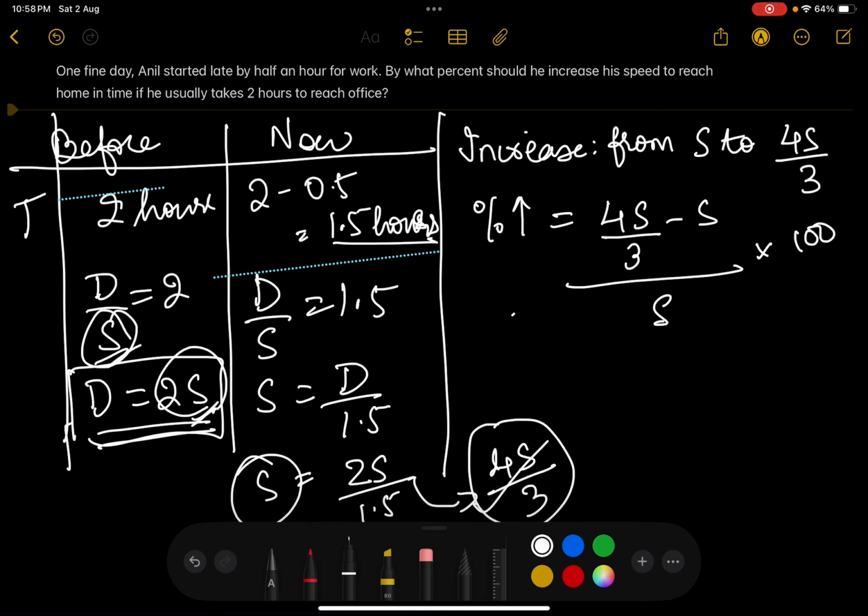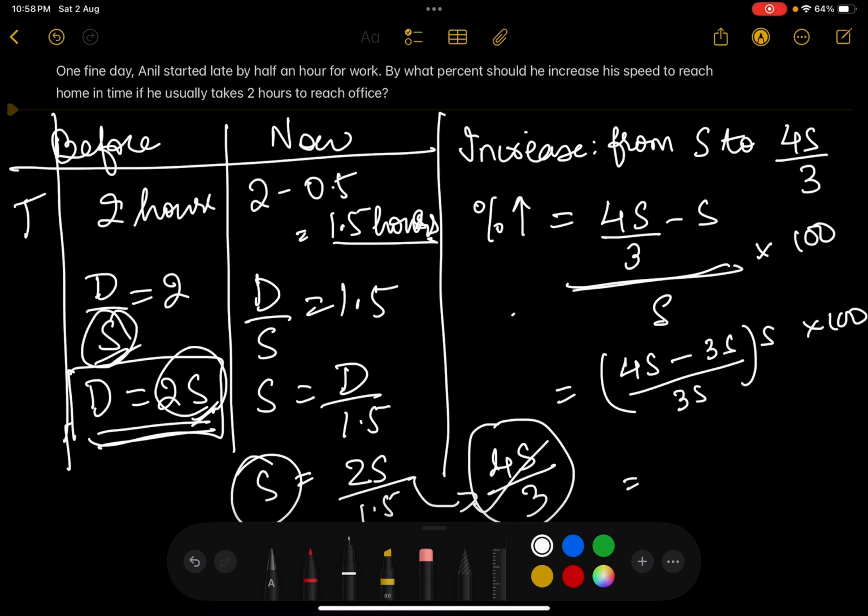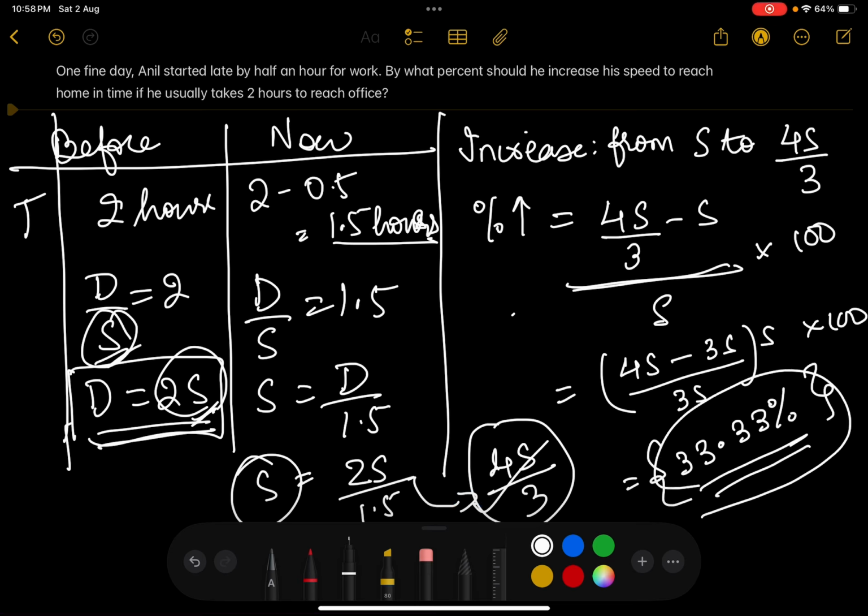So when you solve this, you will get (4s minus 3s) by 3s into 100, and so on. When you solve this, you will get the increase as 33.33%. So when you solve it, you'll get the same thing.